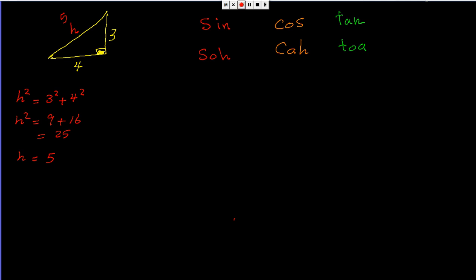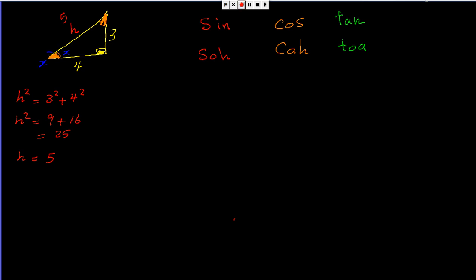Trigonometrical ratios are used to find the ratios between the sides for the acute angles in a right angle triangle. This angle and also this one. Let's call this angle x, for example.